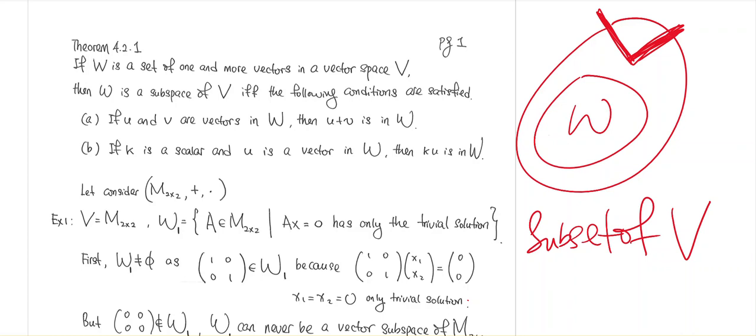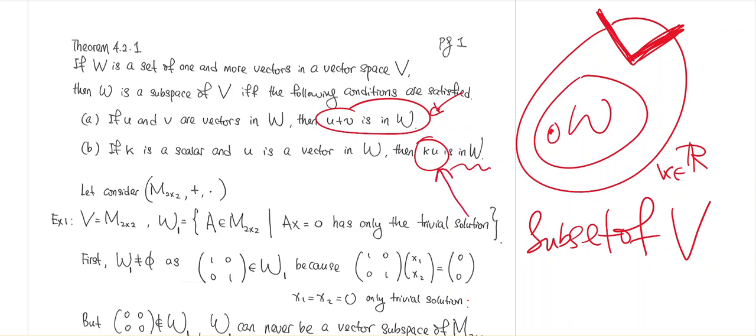Well, technically three. The first thing you have to do is to make sure that W is not an empty set. And then once you have done that, you pick two elements from W, and then you try to add them and see whether or not the addition still will be in W. So we want to check whether or not the addition is closed in W. And also you're going to take a real number, pick one of the elements in W, and see whether or not this scalar multiplication is still in W, which means that we want to see that W is closed under additions and also closed under scalar multiplications.